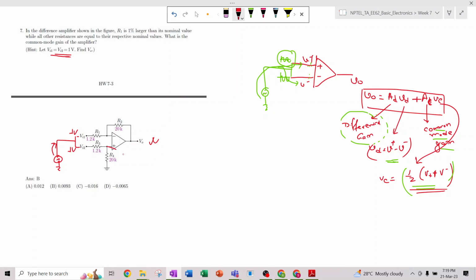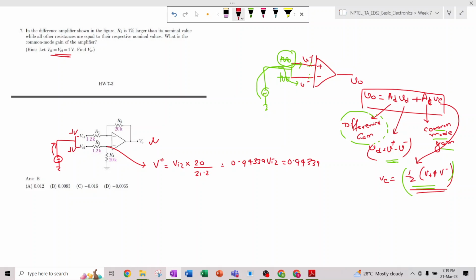Here the potential at this terminal will be V plus equal to Vi2 into 20 divided by 21.2, which is 0.94339 times Vi2. Vi2 is 1 volt, so that means 0.94339 volt.